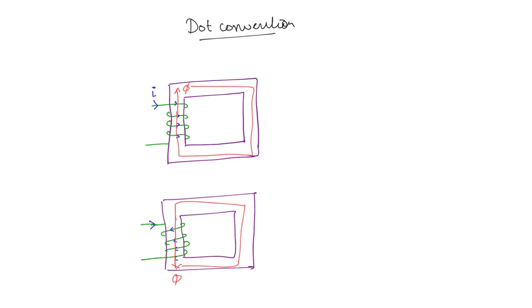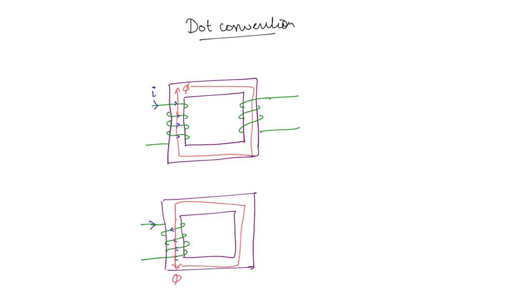From the previous discussions, we already know how to get the voltage polarity on the secondary side given the sense of winding. Here, the primary winding is driving a flux in the clockwise direction. So the polarity on the secondary winding should be such that it drives a flux in the anti-clockwise direction.